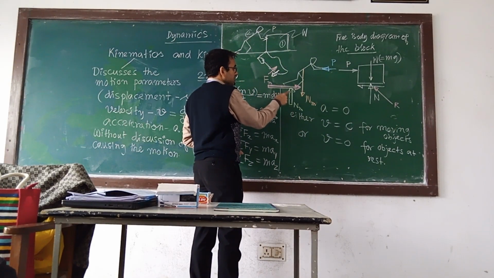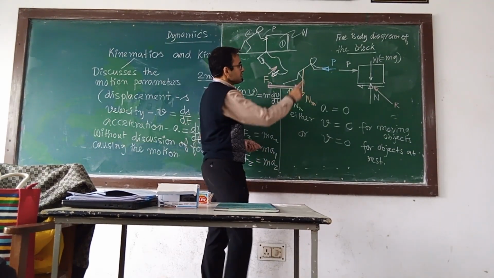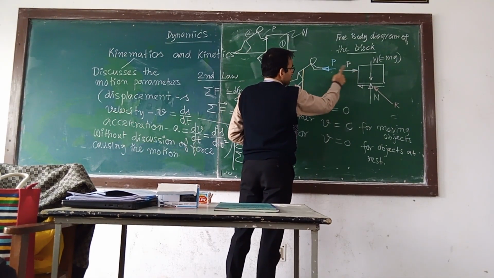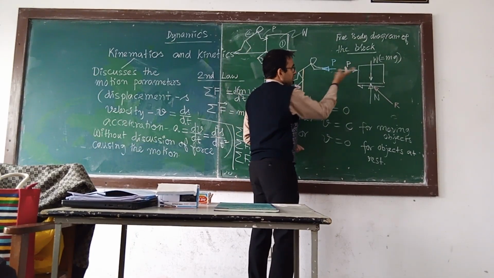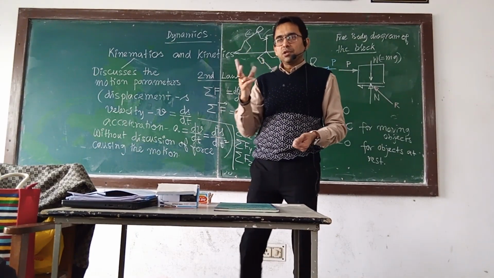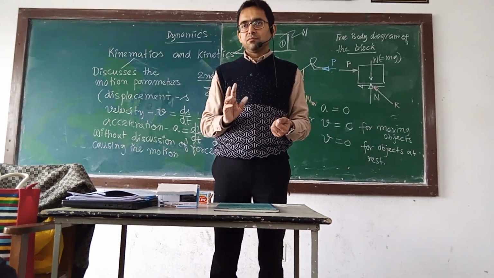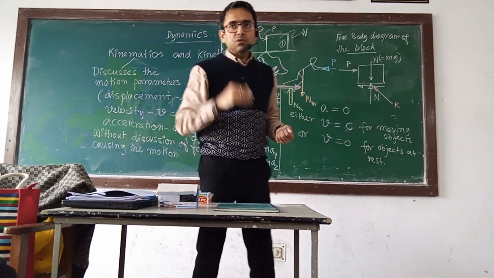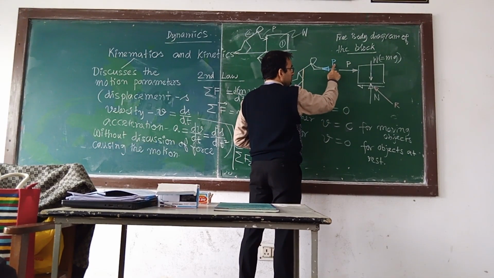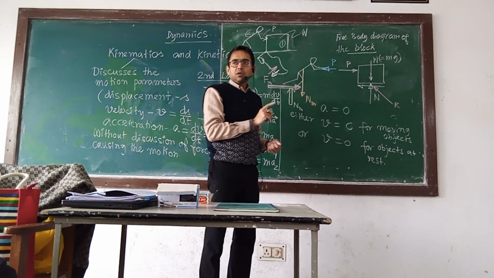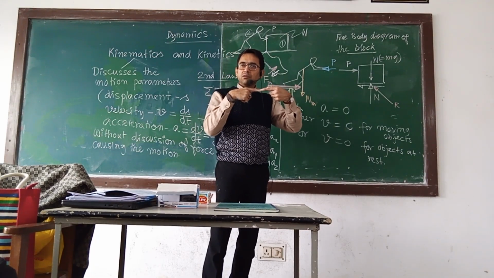One is this, another is this. Clear? Is it clear? That means, when I show this force, I will show this force, because they are an equal and opposite pair. According to Newton's third law, if the action has an equal and opposite reaction, they will be collinear, obviously. Equal, opposite, collinear.